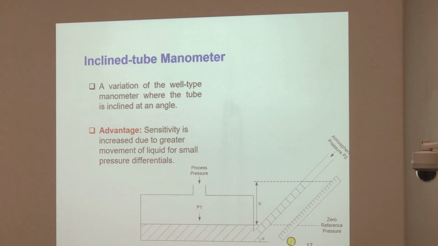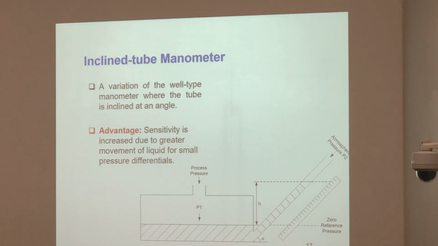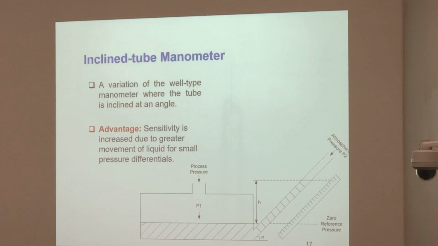But my scale is now longer, and the length of this scale is H divided by cosine X, where X is measured from the vertical. The length is this multiplied by cosine X. Normally that length is longer than H itself, and for a bigger length with the same pressure, you can measure more sensitively. Okay?